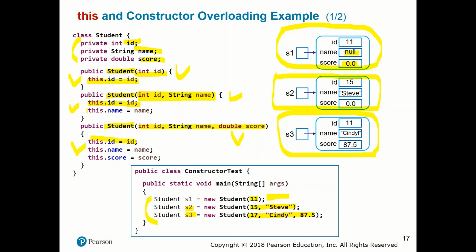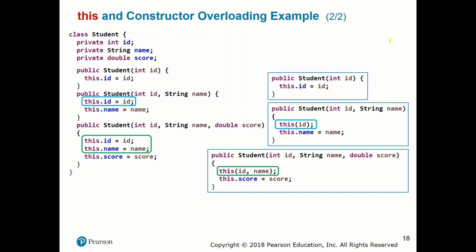And this line, name, also appears here. So the computer does not like this repetition. So in that case, we can use this keyword to make the code simple. I'll show you how we can modify the code to avoid some repeated lines.